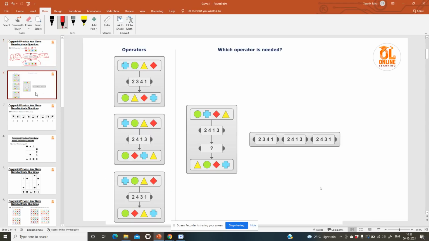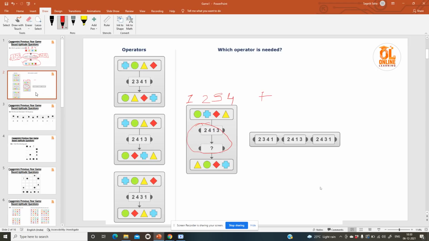In level 2 you have to deal with two operators. So here first what you have to do is mark the shapes with numbers 1, then 2, then 3, then 4. Here the operator is given, so you have to first find the shapes. The first number is 2, so which shape has the number 2?